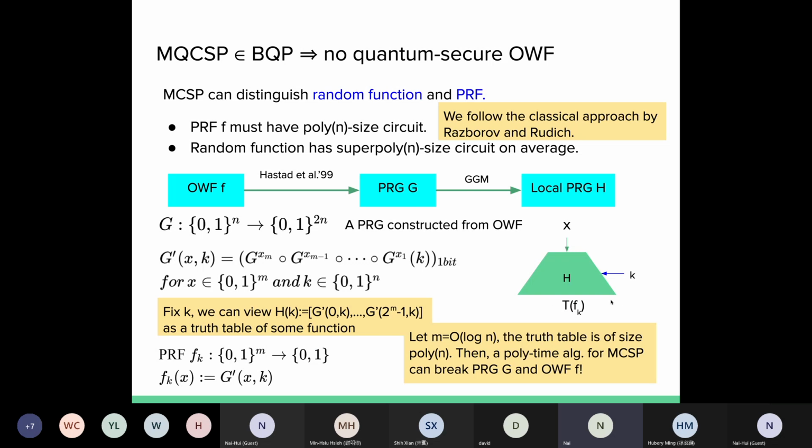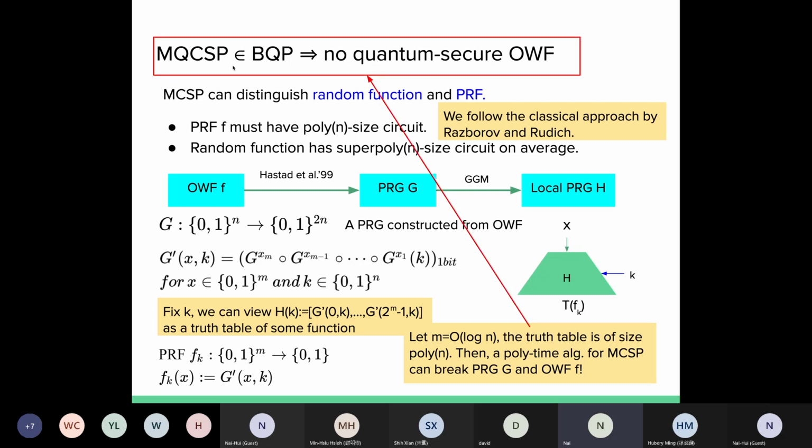Then you use your MCSP oracle or algorithm to check whether the given string has small circuit complexity. Because now the string represents a certain Boolean function, you can check it by using your MCSP oracle.